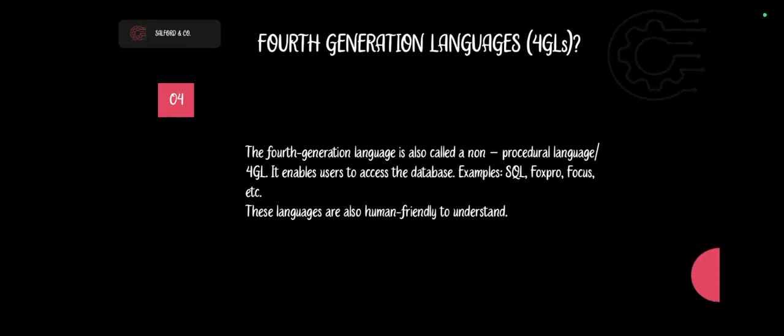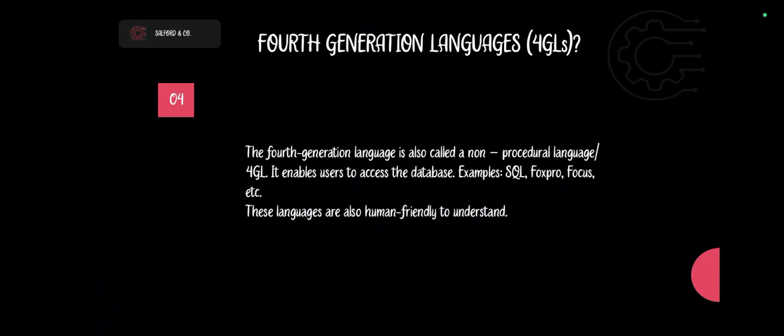The fourth generation languages are the 4GLs. Fourth generation language is also called a non-procedural language. It enables users to access the database. Examples are SQL, FoxPro, Focus, etc. These languages are also human friendly to understand.